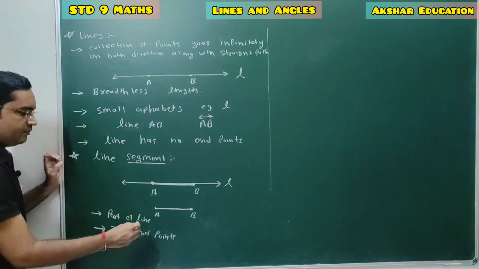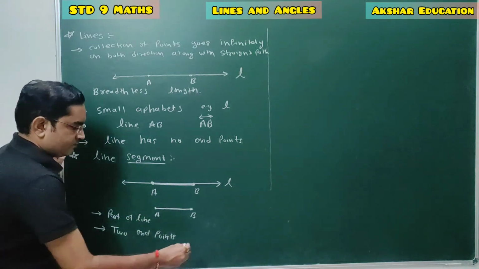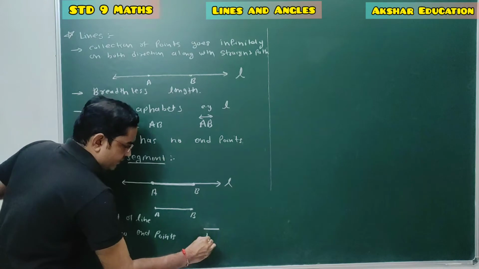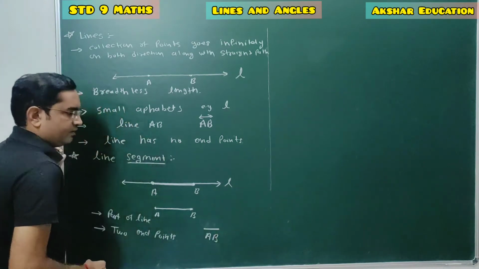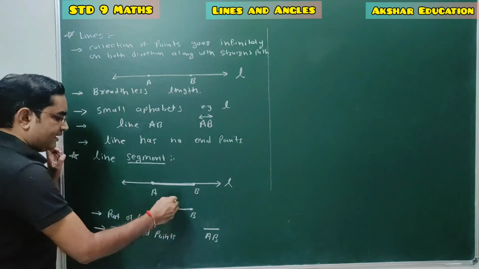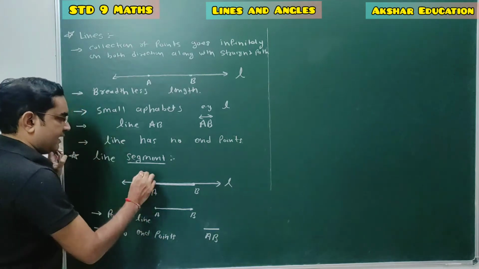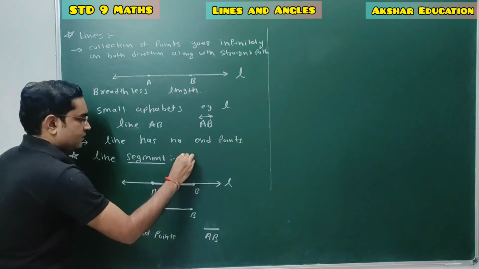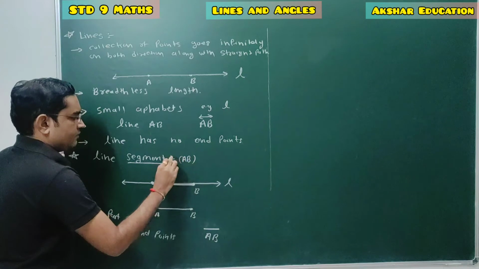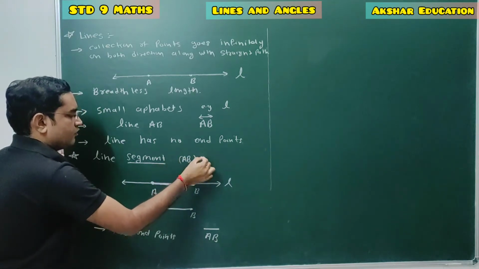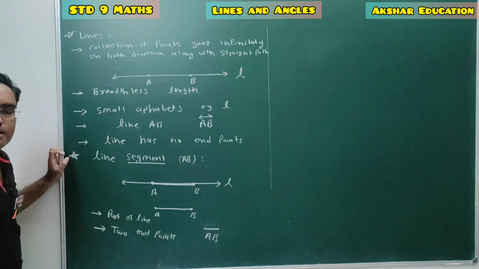So here line segment AB has two endpoints. The symbol which was used previously is the line segment AB, and nowadays we are writing the line segment with a bar over AB. Done. This is the symbol which is used to represent this line segment.